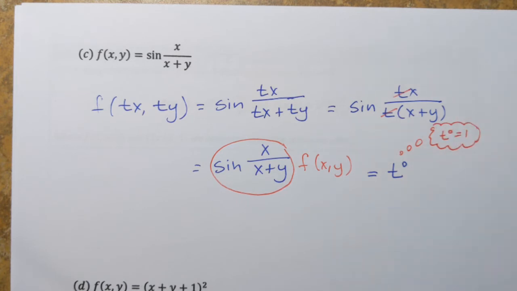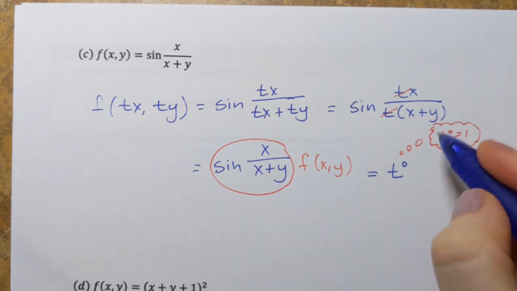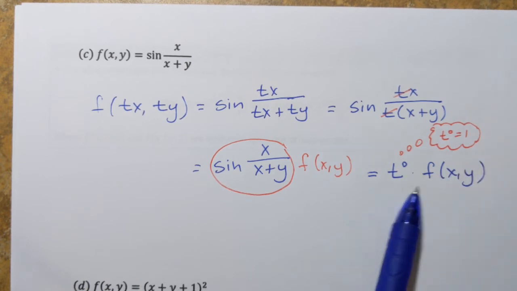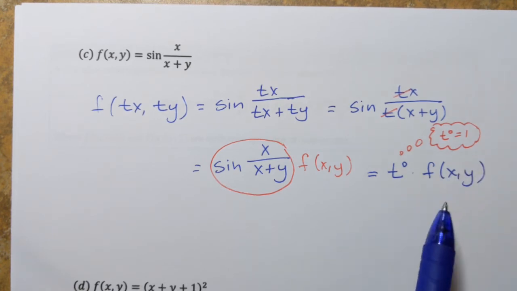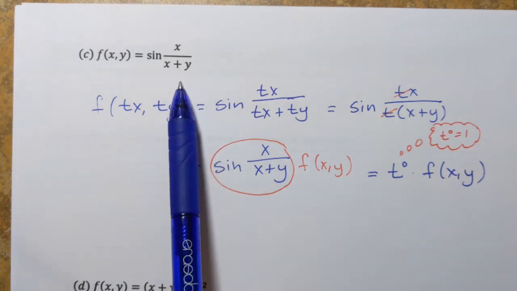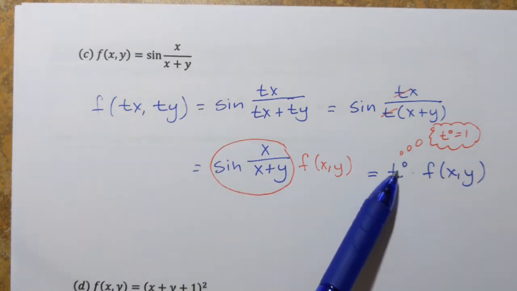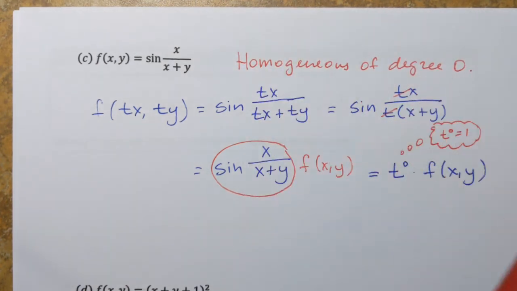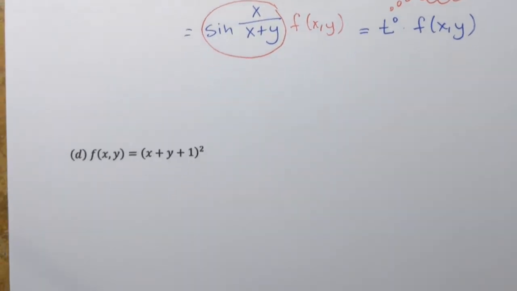So yes, that's why it's invisible, because its power is 0 times f of x y, right? So that's the form we need to obtain to confirm that the function is homogeneous. So it's homogeneous of degree 0. So that's my conclusion. And let's do one last example of this kind.